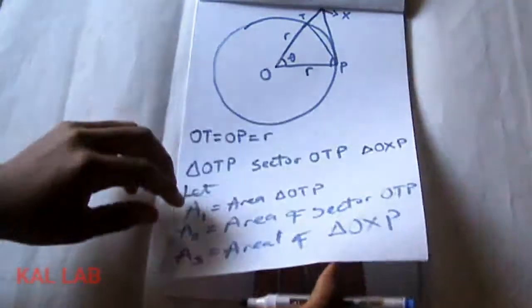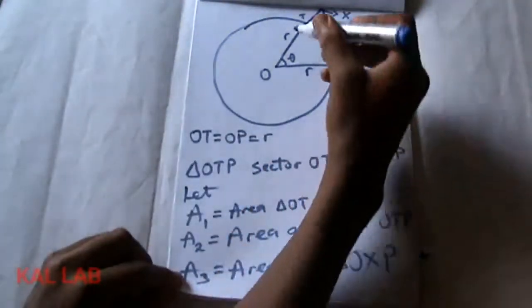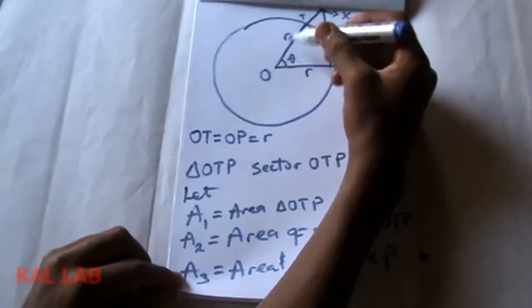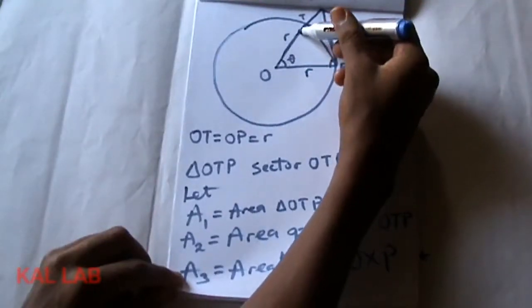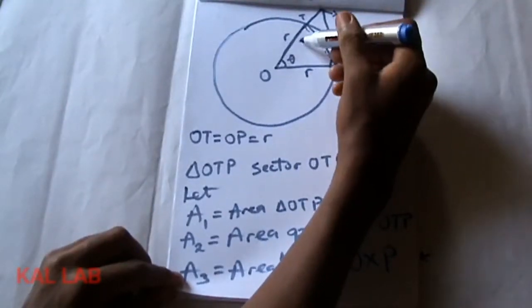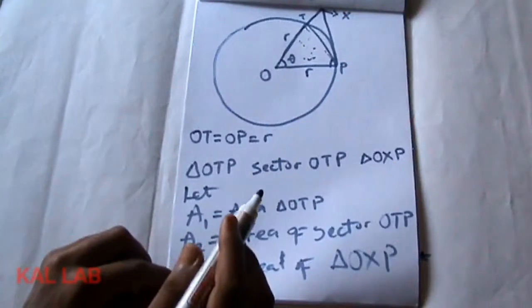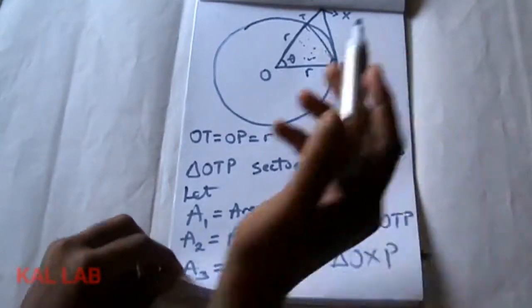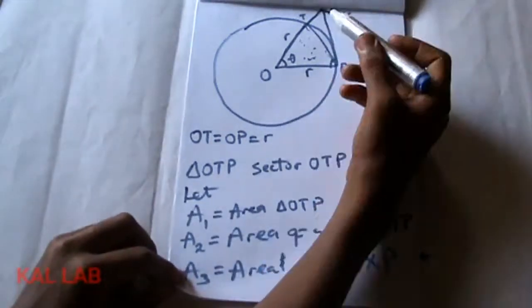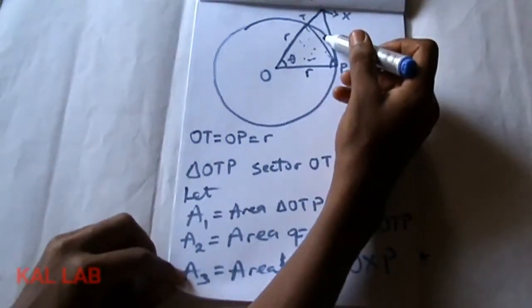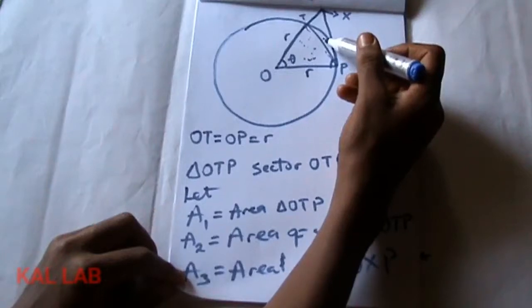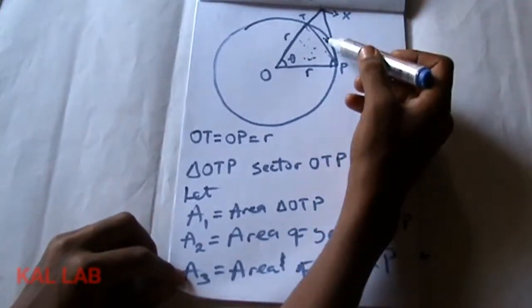A1 is the area of this triangle, and A1 would be less than A2, because A2 includes this extra area.